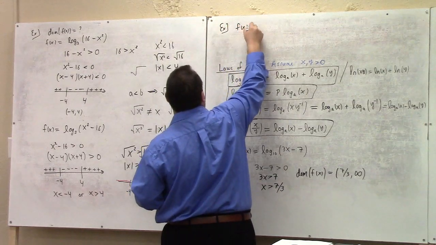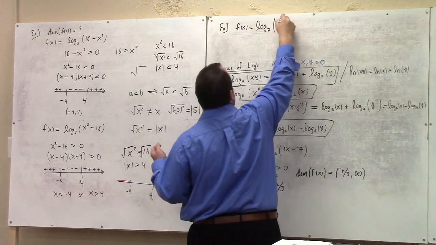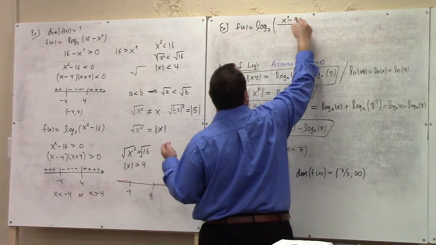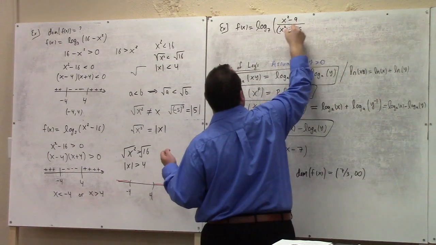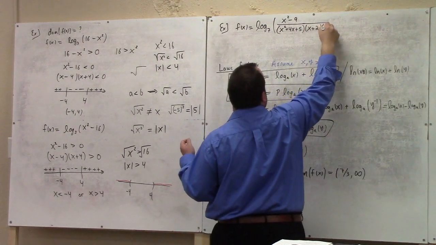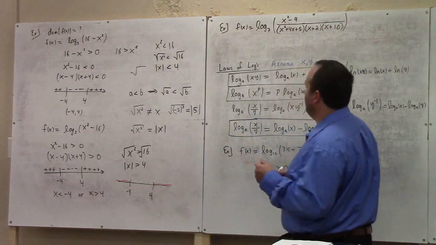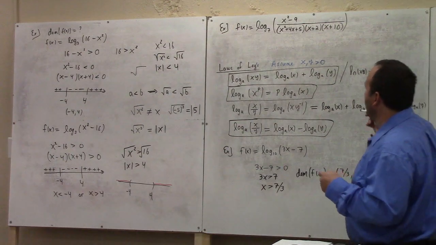Suppose you had f of x is equal to log base 7 of x squared minus 9 over x squared plus 4x plus 5 times x plus 2 times x plus 10. Find the domain. Okay, so our critical numbers would be positive 3, negative 3.